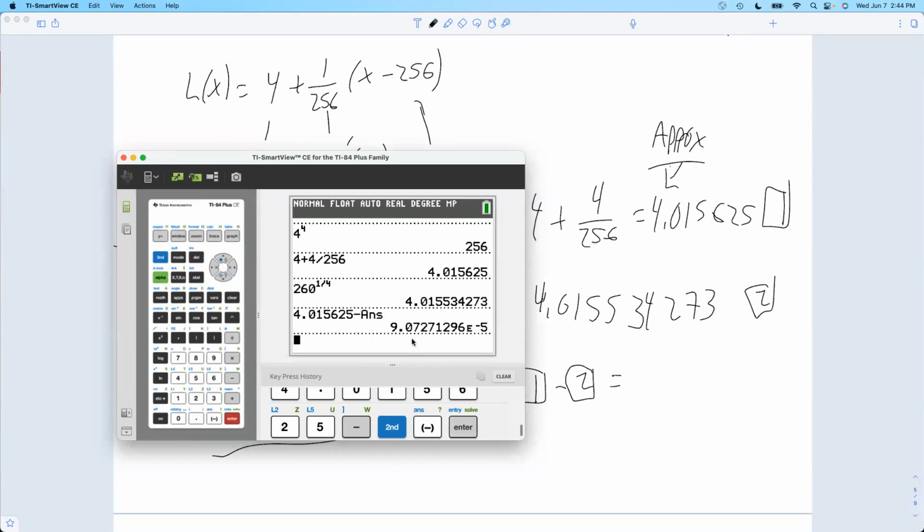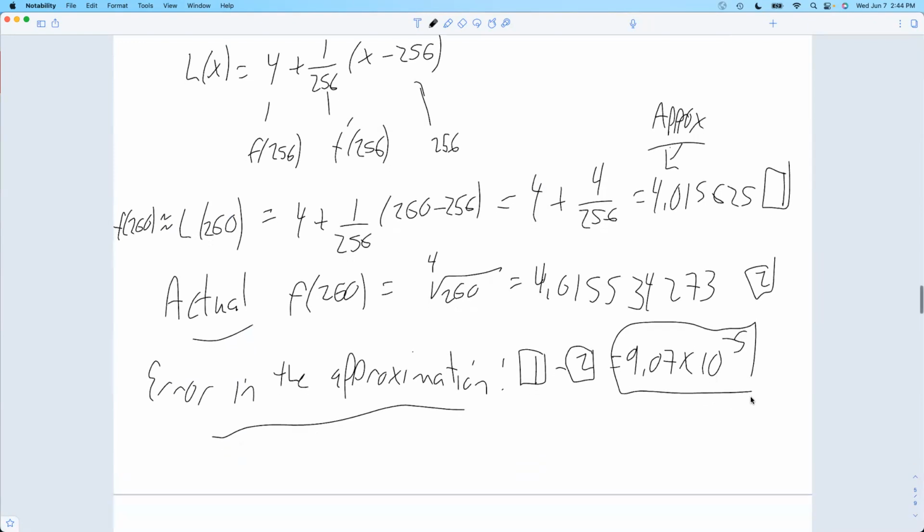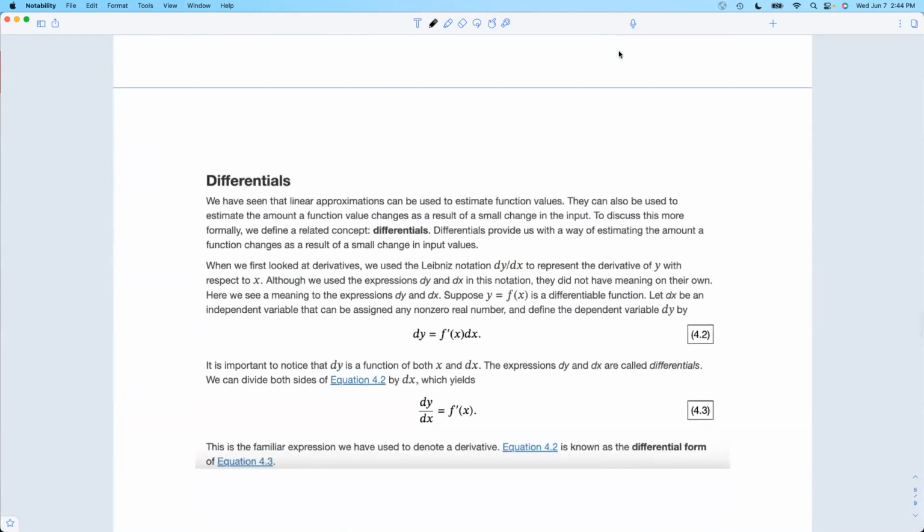Come on, that's a fantastic approximation. My error is on the order of 9 times 10 to the negative 5th power. So my error is 9.07 times 10 to the negative 5. Okay, that's a good place to stop there.